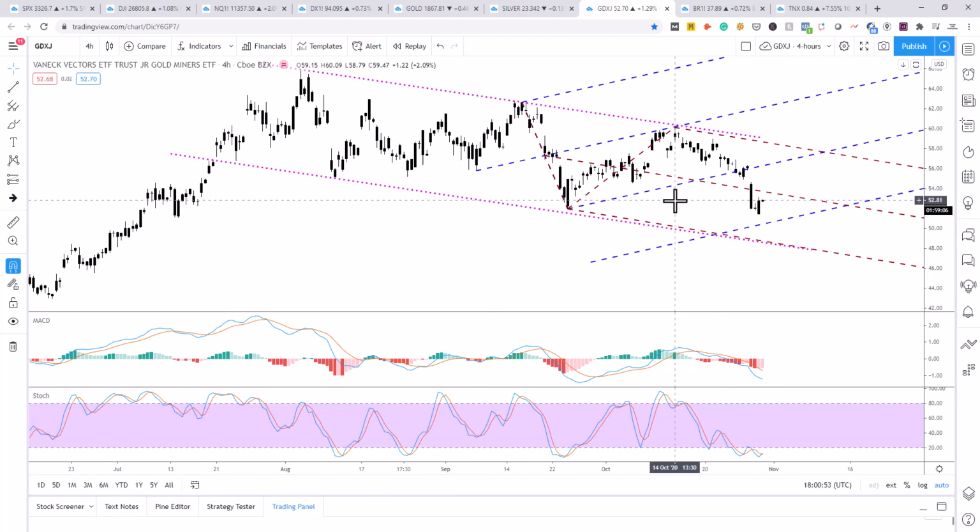What's worth noting with the pitchfork drawn is that with this move today, price did a big move down through the median line, gap down, sliced through what could have been support. Now we're getting our retest of the median line from below, and we'll see where price wants to go from there.